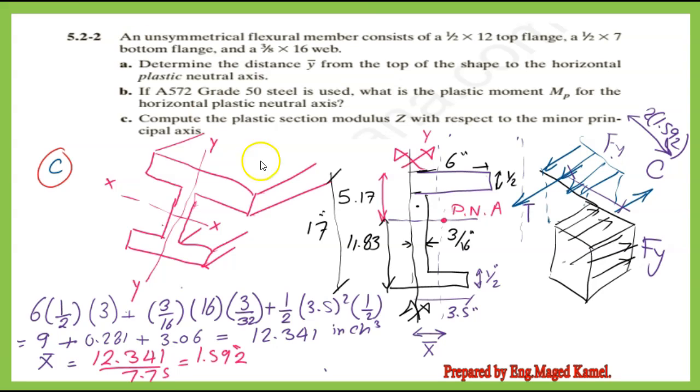For part C, it is required to find the value of the plastic section modulus about the minor axis Y. Due to symmetry about the axis Y, we will deal with the C-shape section and find the first moment of area about the Y-axis and divide by the sum of the three shapes.